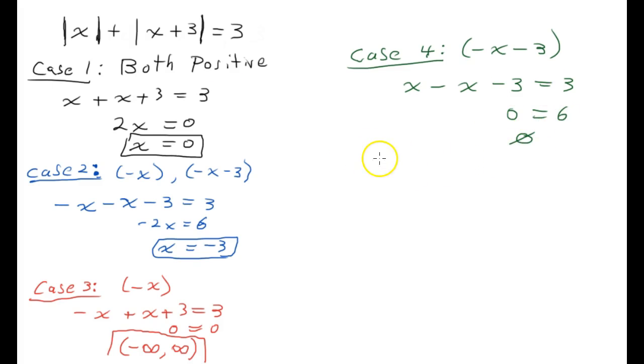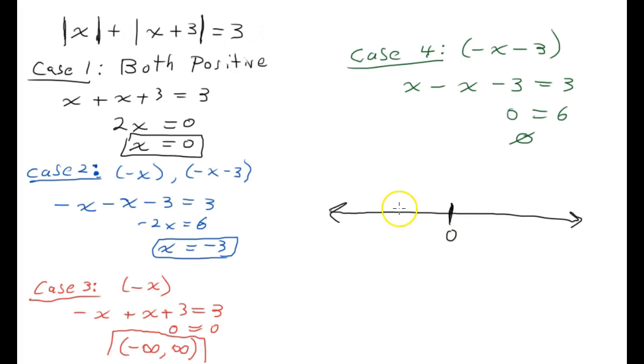Good. When we have this situation where we have all real numbers as one of the case solutions, I think it's easiest to look at it on the number line. We say, well, it could be all of these, but we are going to have to check. So we're going to make our zones here.